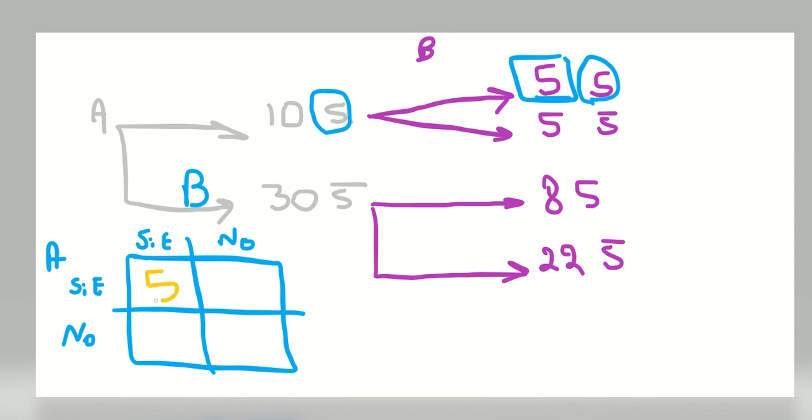Side effects on both. And what about these 5 right here? Well, they had side effects on A, but no side effects on B. So side effects on A, no side effects on B, I have 5 over here. Okay. Now, what about these 8 right there?